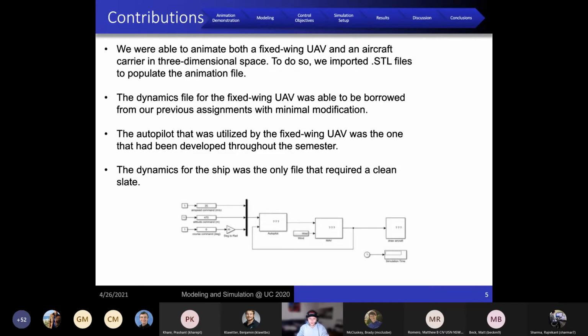The autopilot that we used for our previous assignments was the file that we have been primarily using for this project. For the ship, though, the dynamics file had to be created from scratch, and we were able to do that using the paper that Professor Sharma provided us with.